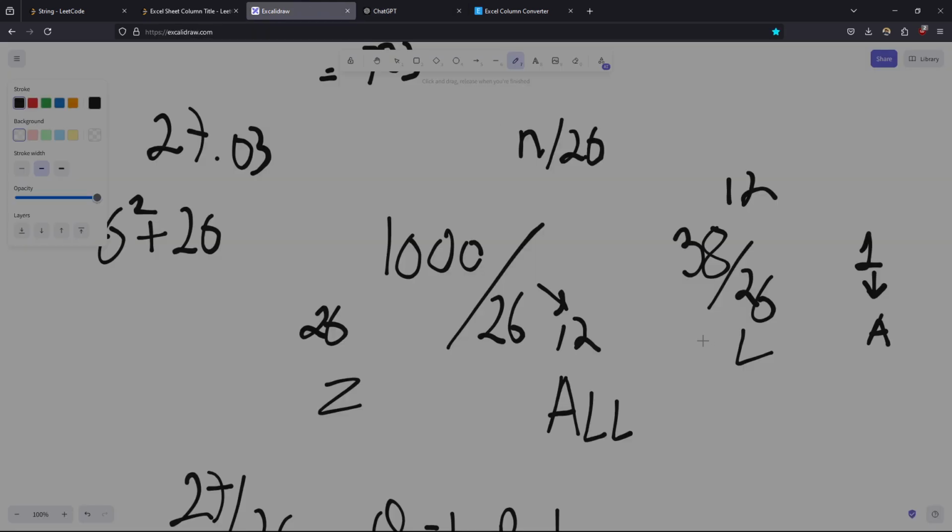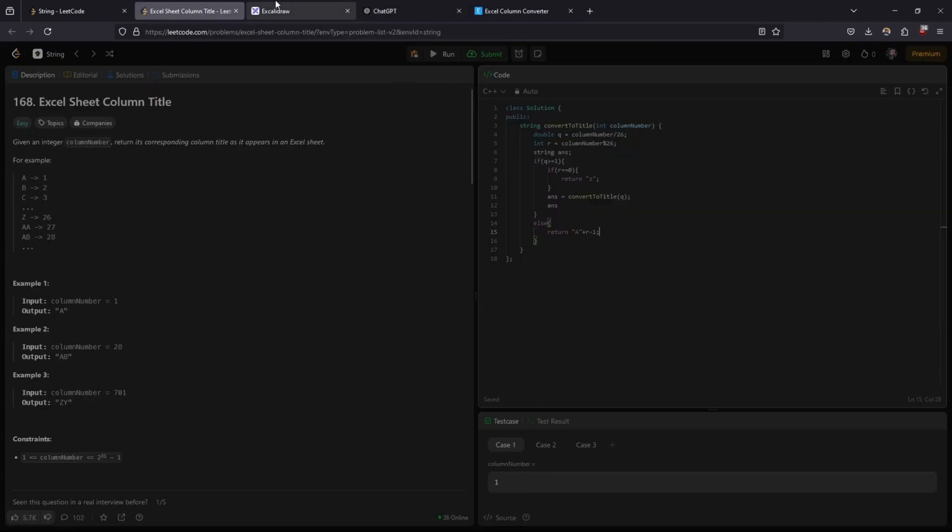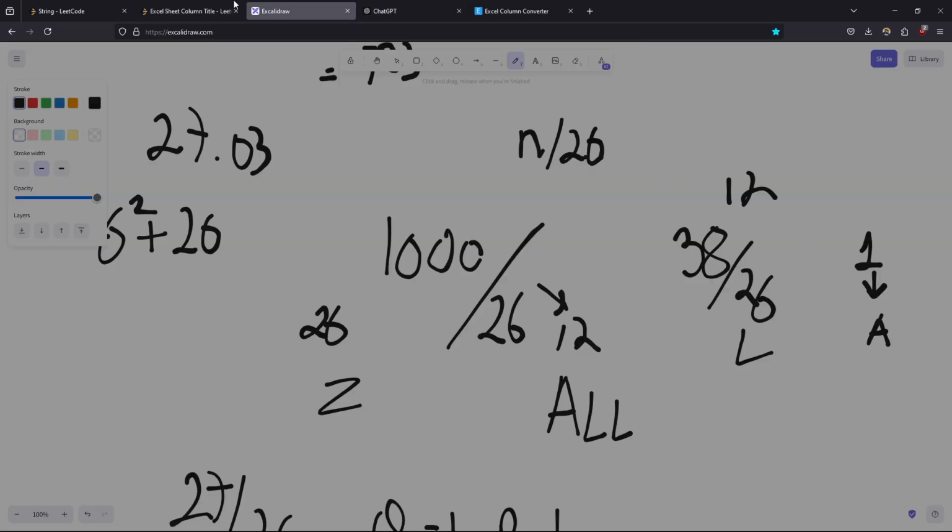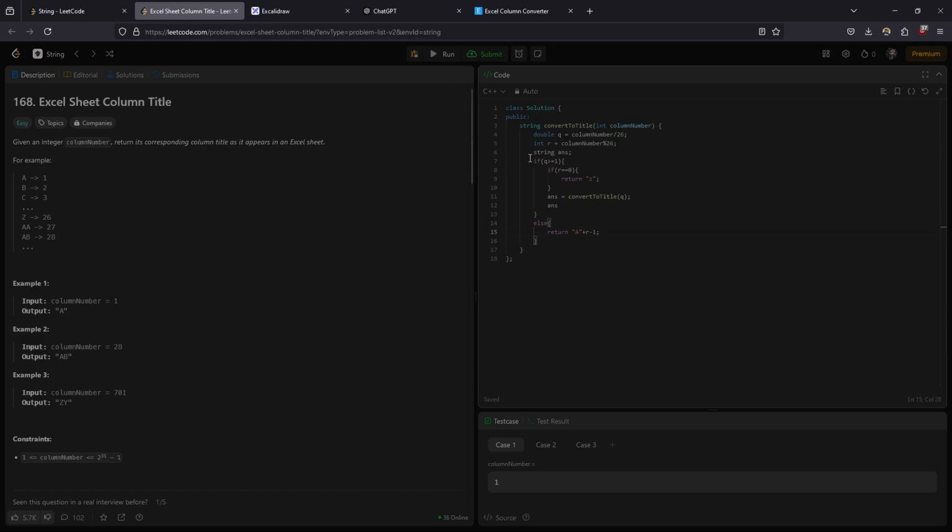So for 1000, this recursion will continue and will reach when the question equals to 1, and when question equals to 1, the else block will be activated and 1 minus 1 will be 0 and will return A, and A will be taken by the previous recursion function, and A will be assigned here.